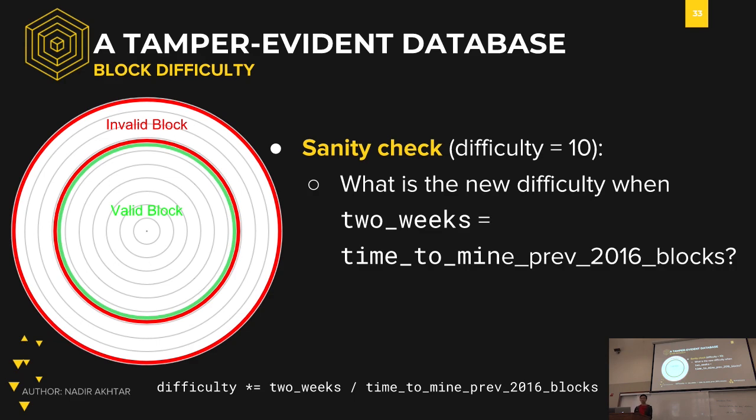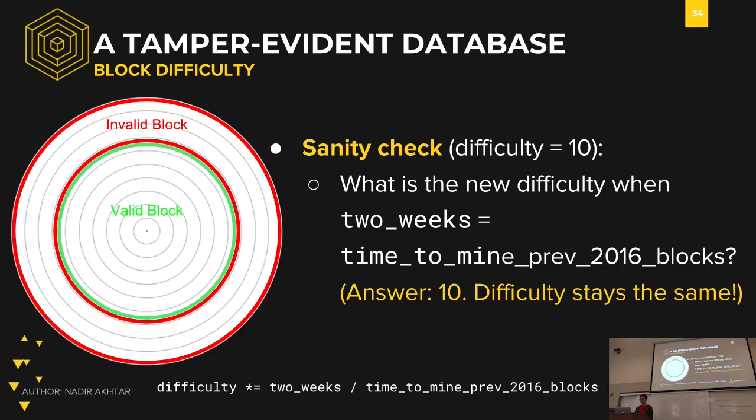Does anybody have a quick question, or an answer? Okay, because we mine the same number of blocks as in the previous 2 weeks, we have the same ratio, so our difficulty stays the same, right?